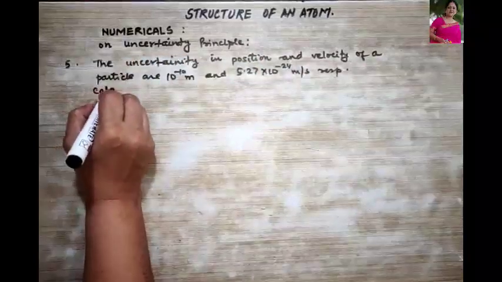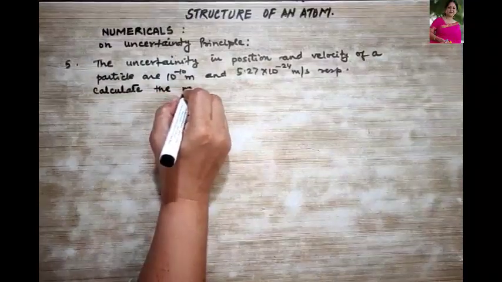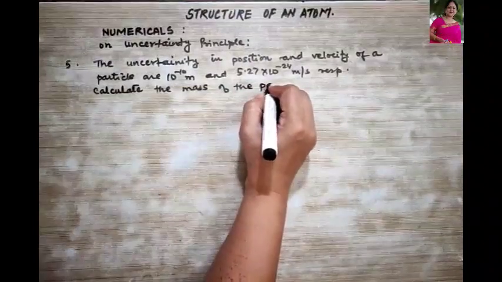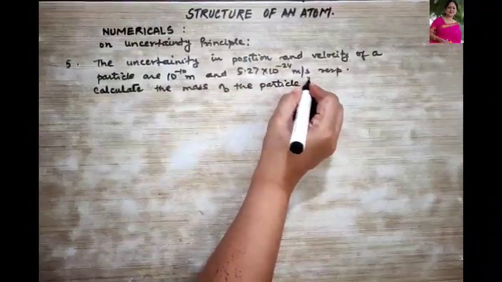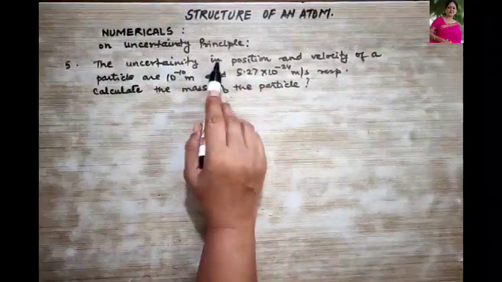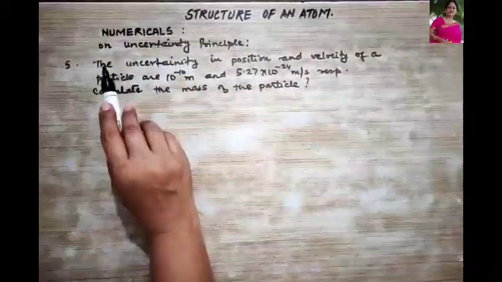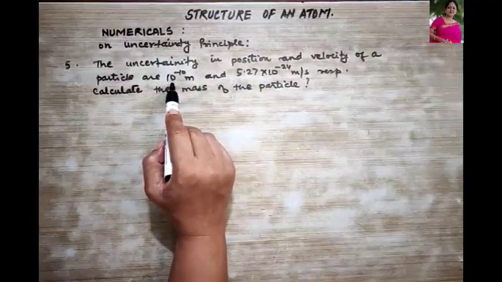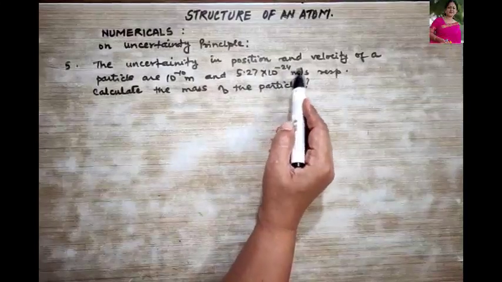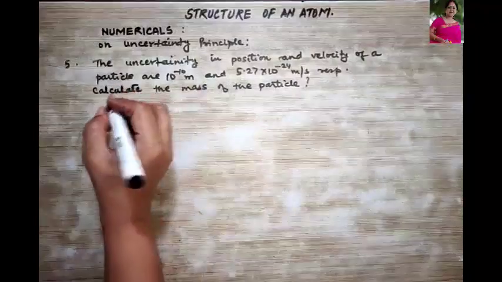Okay, calculate the mass of the particle. Now, what does the question say? The uncertainty in position is 10 to the minus 10 meters, and uncertainty in the velocity is 5.27 into 10 to the power minus 24 respectively. We have to calculate the mass of the particle.